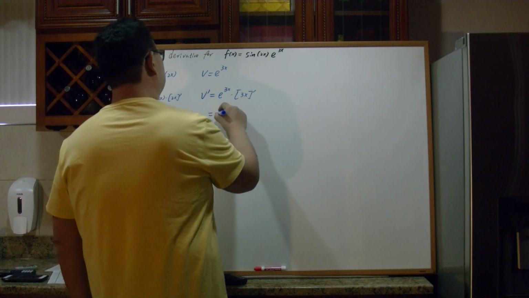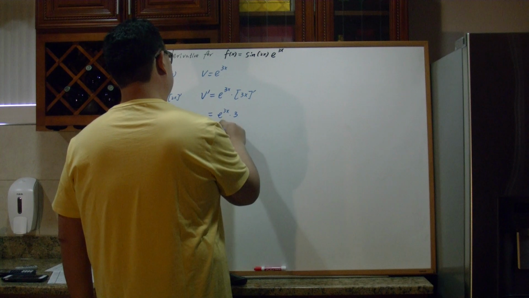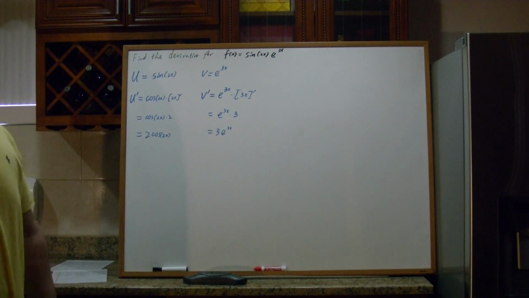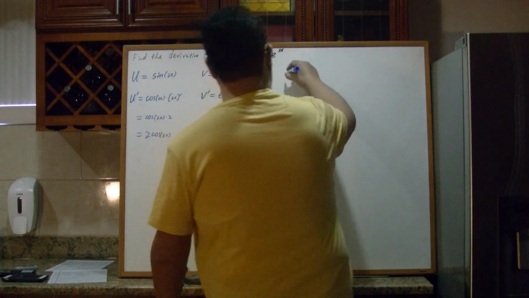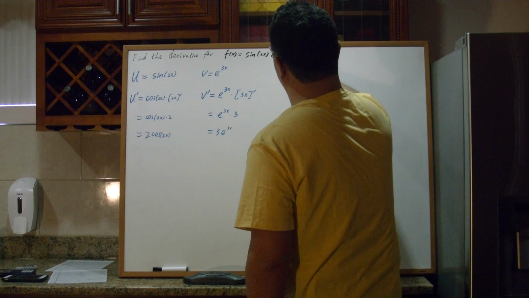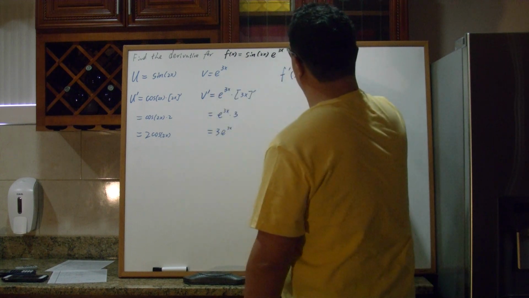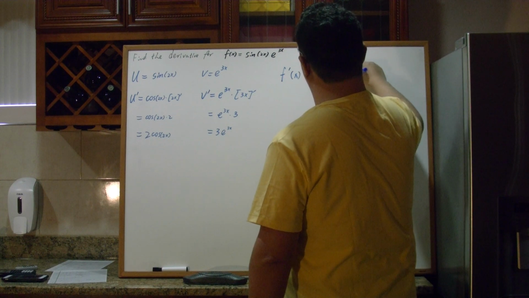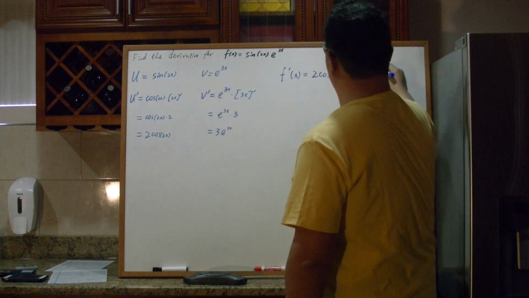So that is e to the 3x times 3, that we get 3 e to the 3x. So f prime of x is u prime times v, 2 cosine 2x times e to the 3x, plus v prime times u.